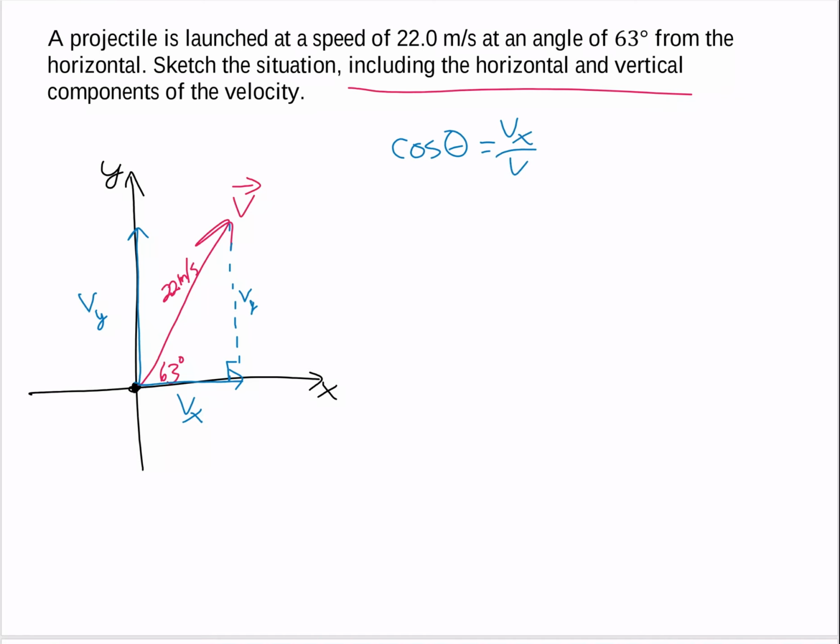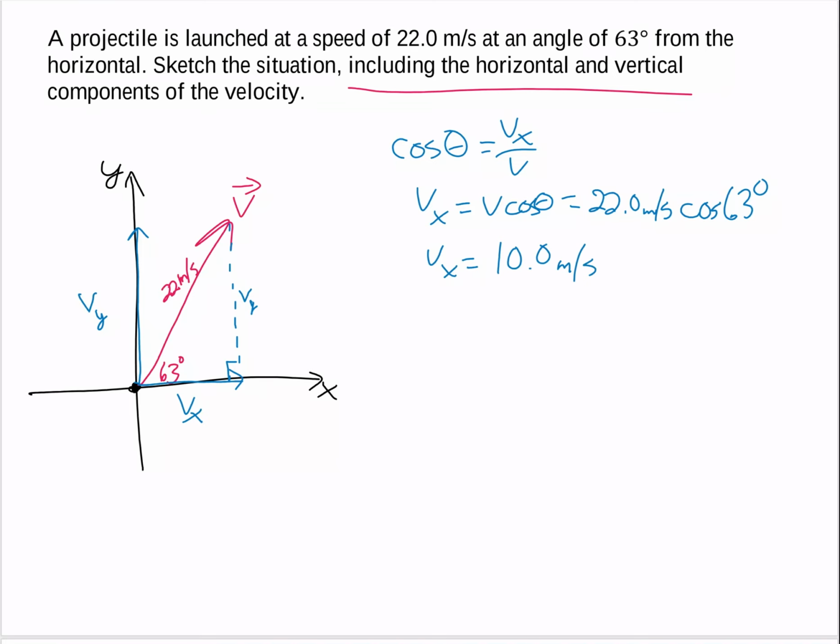Solving for v sub x gives v cosine theta, and now I can plug in: 22.0 meters per second, cosine of 63 degrees. Make sure you're in degree mode on your calculator. So v sub x equals, and with significant figures, we have 3 from the 22.0, so that's going to give us 9.99, probably 10.0 meters per second.